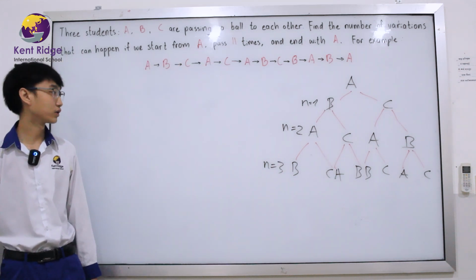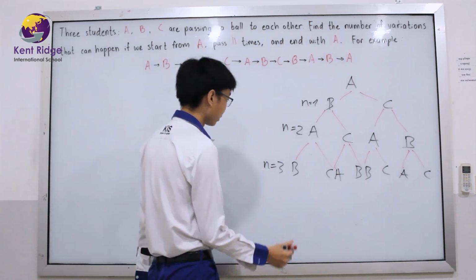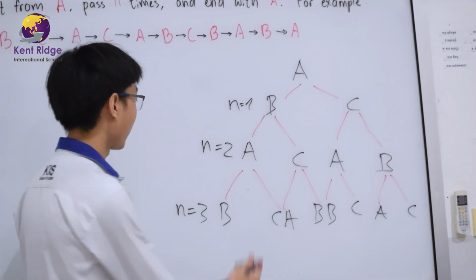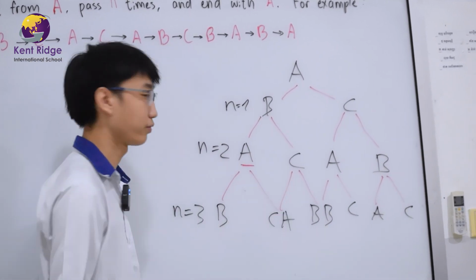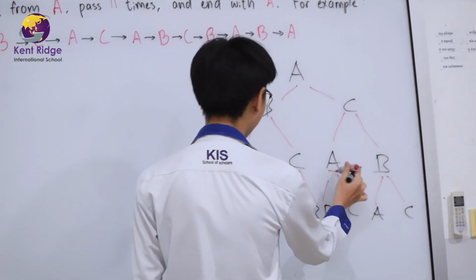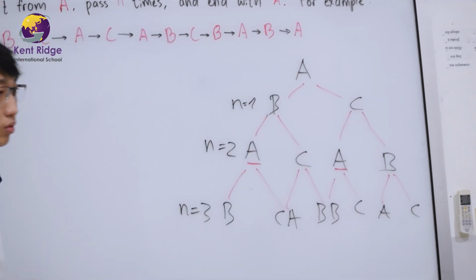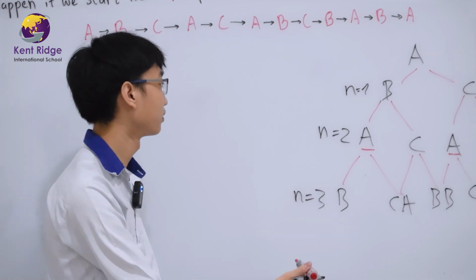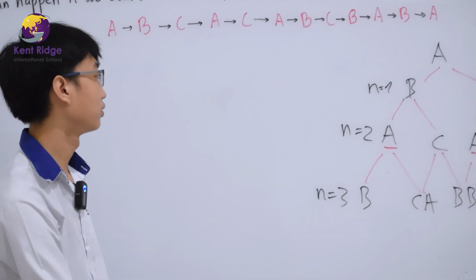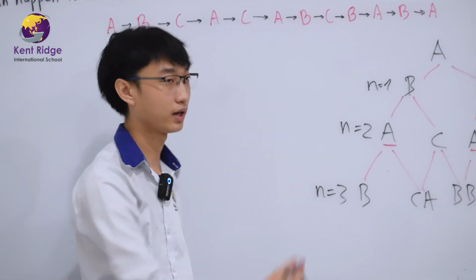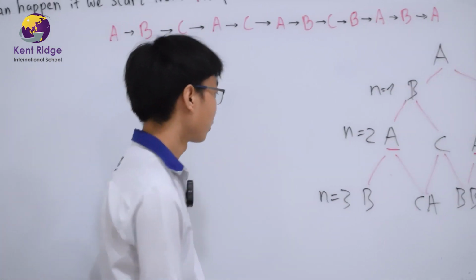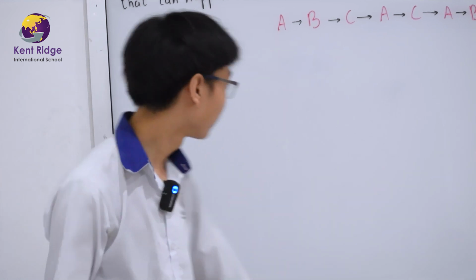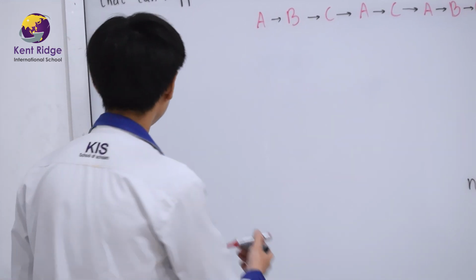Another connection that we want to make is that the number of players at this node, for example, the number of A at depth n, is going to be equal to the number of variations where we start at A and we pass the ball n times and then it ends back at A. So to make things easier to communicate, we'll define a few variables.